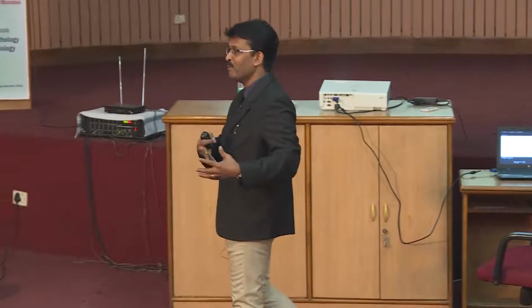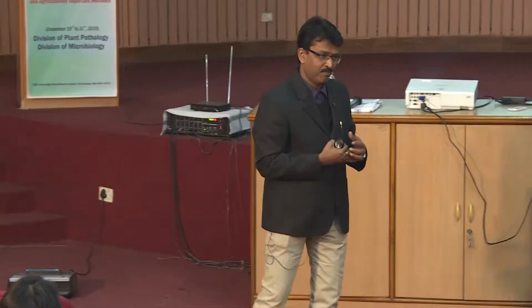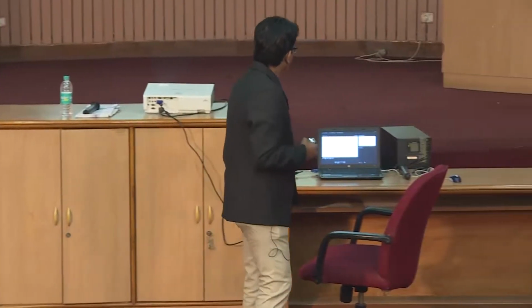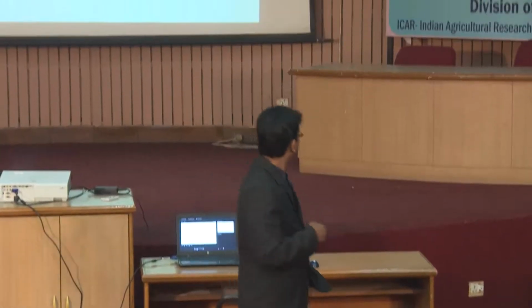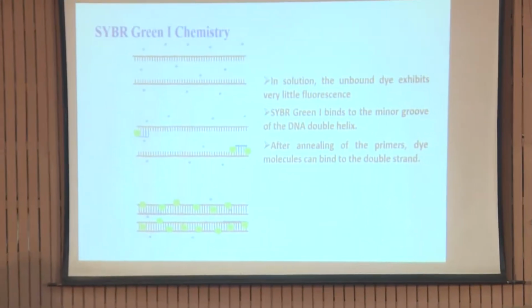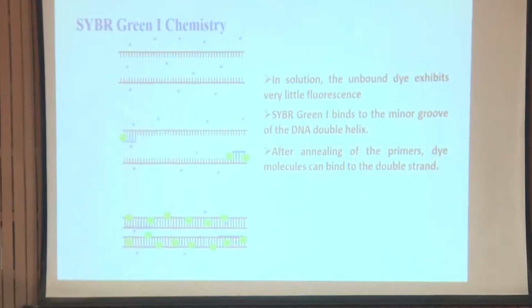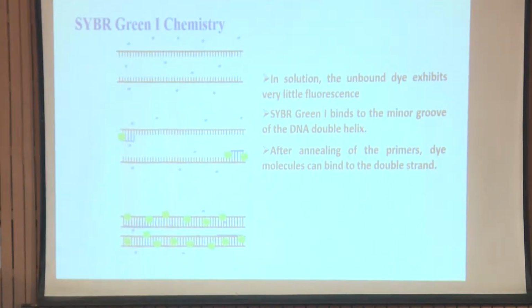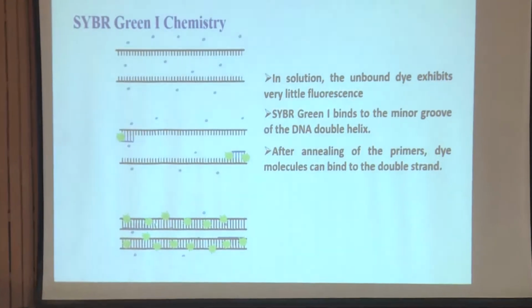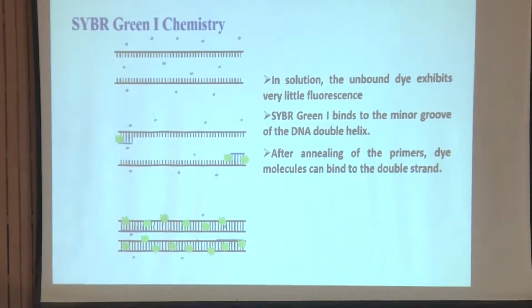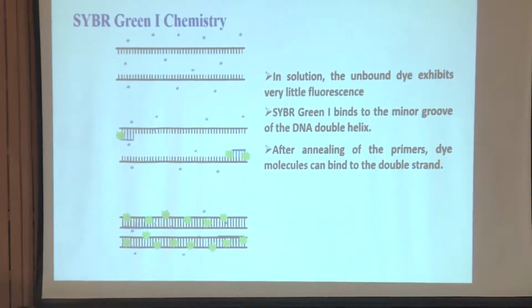As the double stranded DNAs are formed after extension, the unbound dye from the solution goes and binds in the minor groove. After annealing of the primer, the dye molecules can bind to the double stranded DNA. So, the unbound dye that you added in the mixture goes and binds whenever there is a formation of double stranded DNA. Is it clear to all of you?